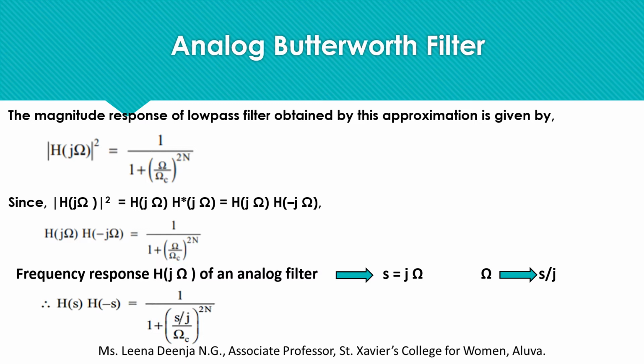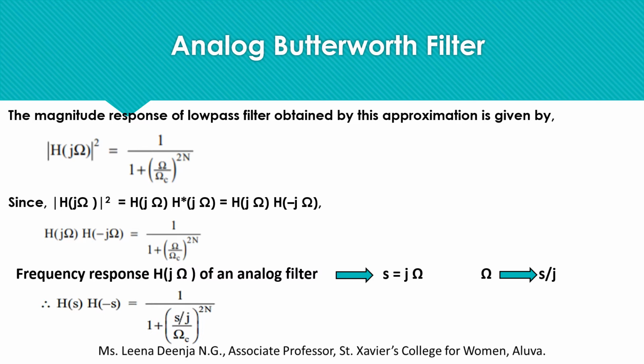Since |H(jω)|² is equal to H(jω) into H*(jω), that is equal to H(jω) into H(-jω), we get H(jω) H(-jω) = 1 / (1 + (ω/ωc)^(2N)).